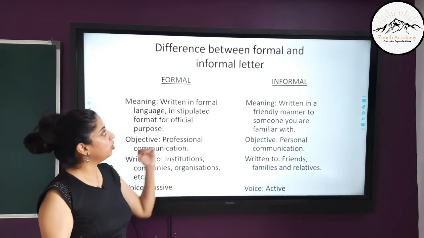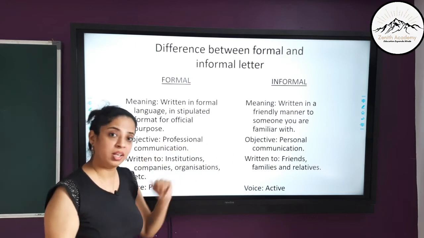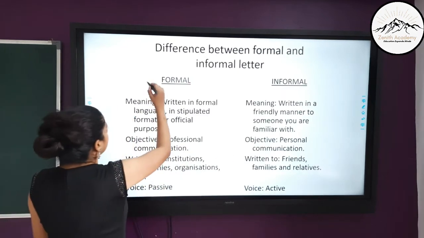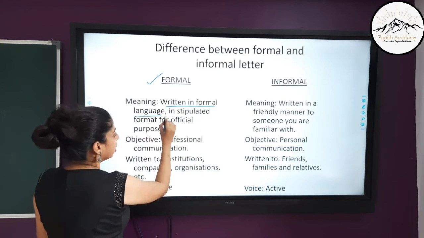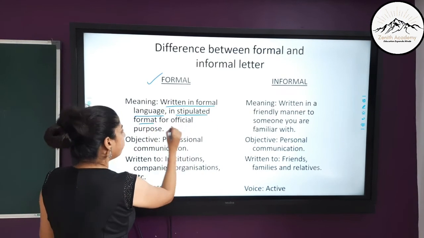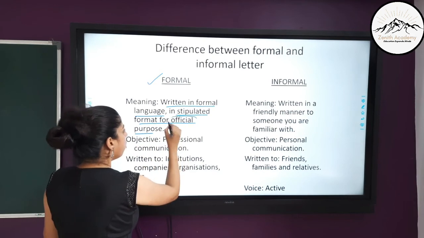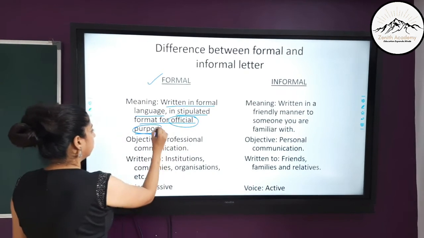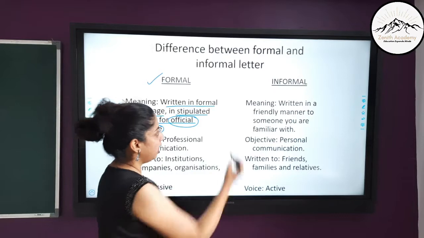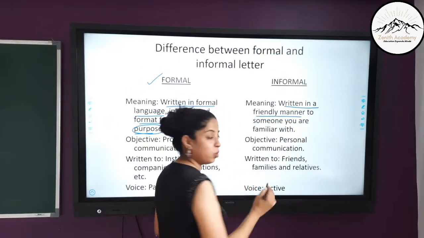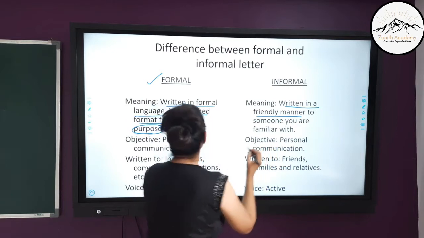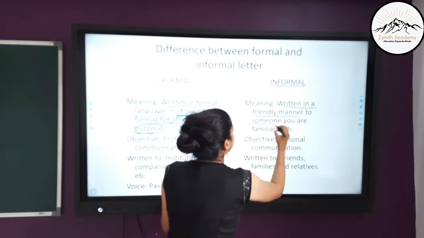Now let's have a look at the difference between formal and informal letter. Now in a formal letter, it is written in formal language in stipulated format for official purpose. So this is for official purpose, okay. Whereas informal letter is written in friendly manner to someone you are familiar with, okay.